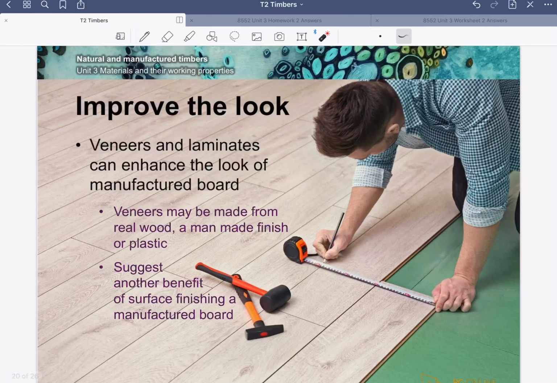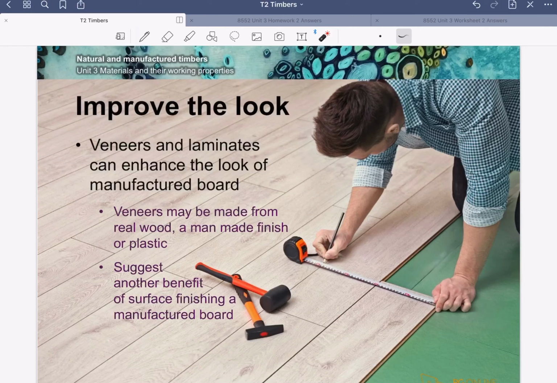To improve the look, as already explained, you can add a veneer or a laminate to the top of your manufactured board to make it look more realistic. If you look at the material on the floor that this gentleman is laying, you can see that is some sort of laminate or veneered manufactured board, probably an MDF material that has been heavily compressed, so it's really strong, really tough, and then they've laminated it with a plastic man-made surface to make it look like wood.